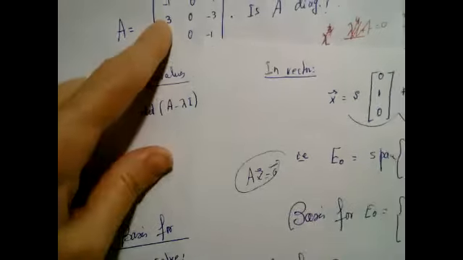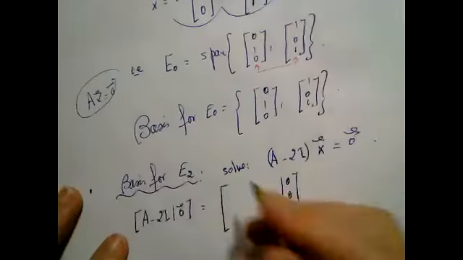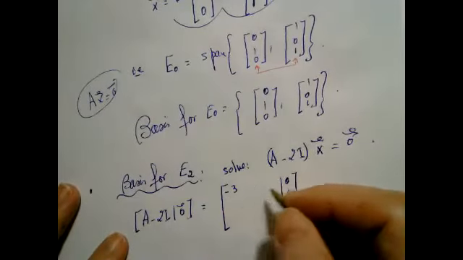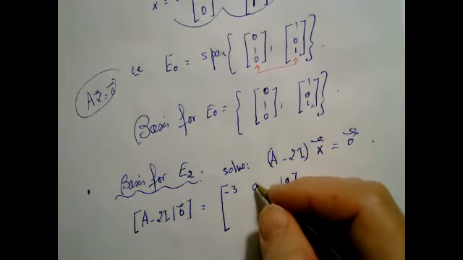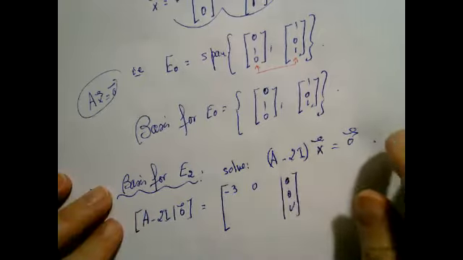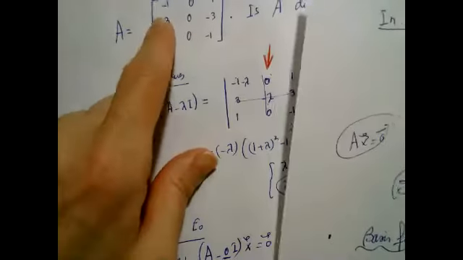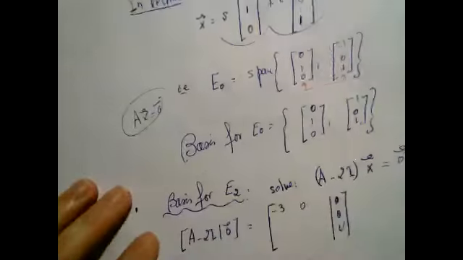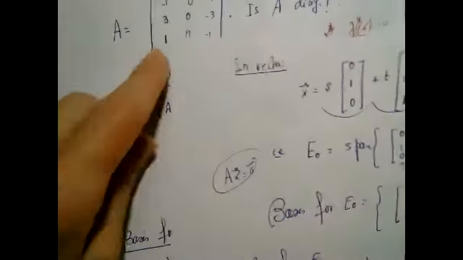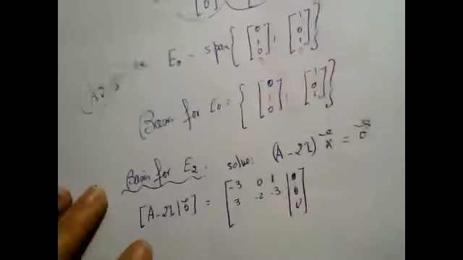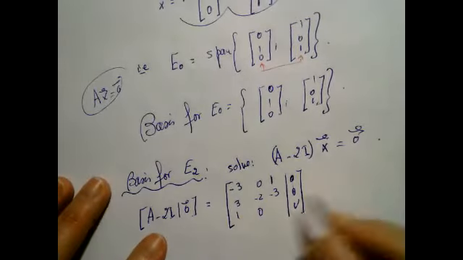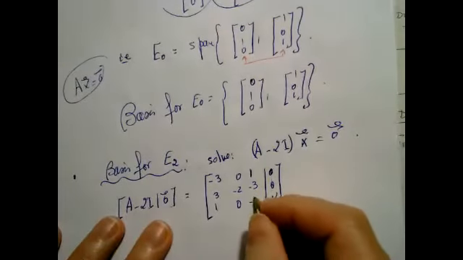So this is my matrix A. I have to take 2 away, so I will have -3, and then a 0 and 0 and 1. And I keep going. I will have a 3, I will have a -2, -3, and then I will have a 1. I'll have a 0, and then I have to take 1 away, which is going to give me -3.